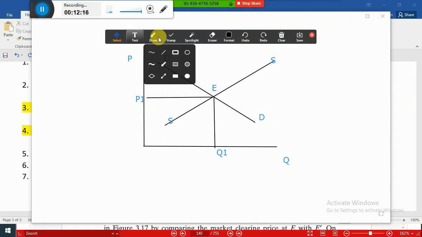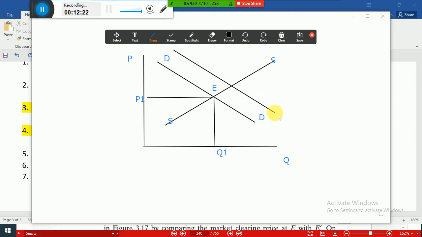So the demand curve shifts rightward, that shows an increase in demand. So the new demand curve is D dash D dash, or you can label it D1 D1, whatever is easy for you.